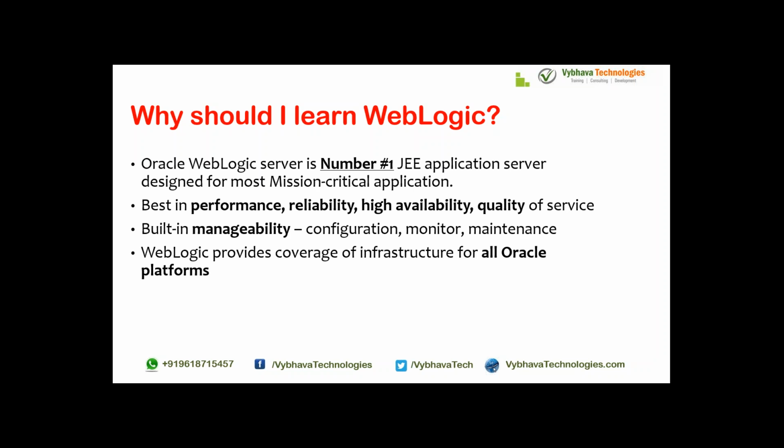It is not limited to one particular location; it is spread across multiple countries and continents. That kind of system requires continuous availability. Take one example, an ATM: it is always working, even at midnight you can get cash. These kinds of servers run on application servers like WebLogic.